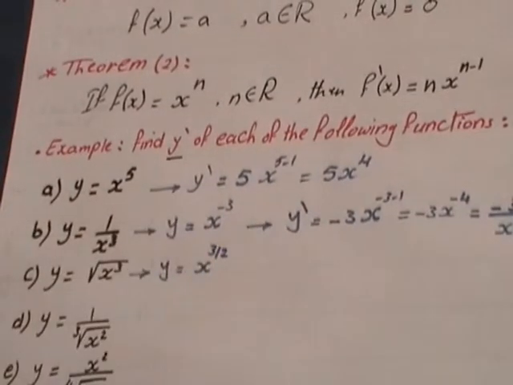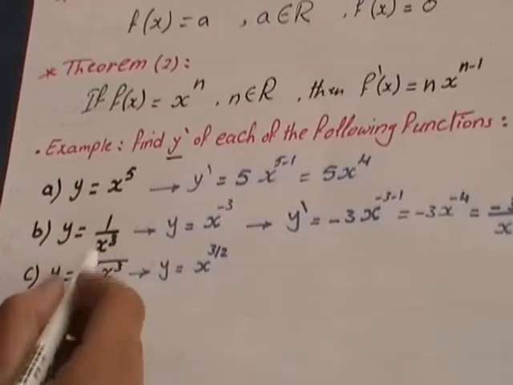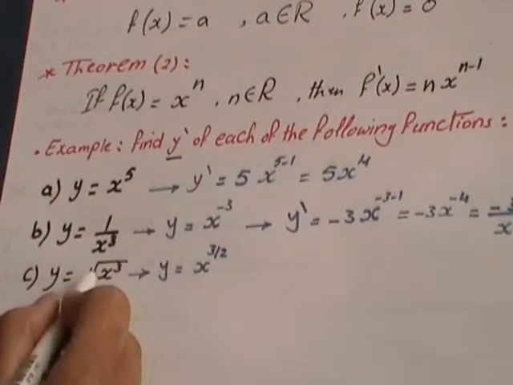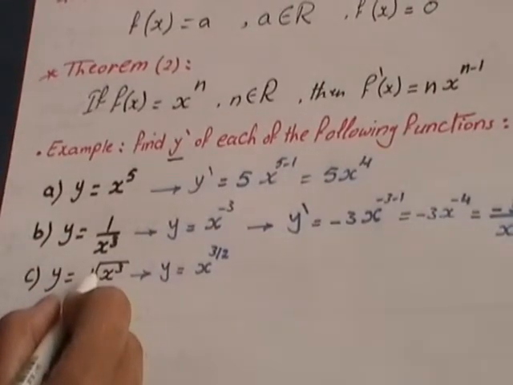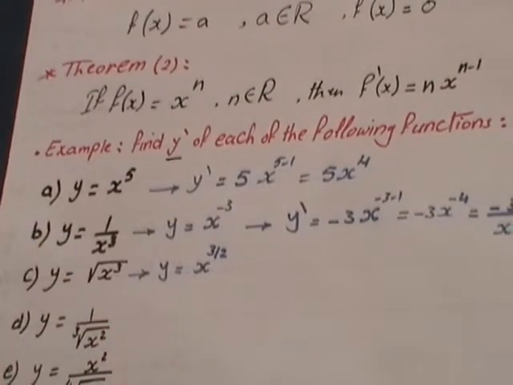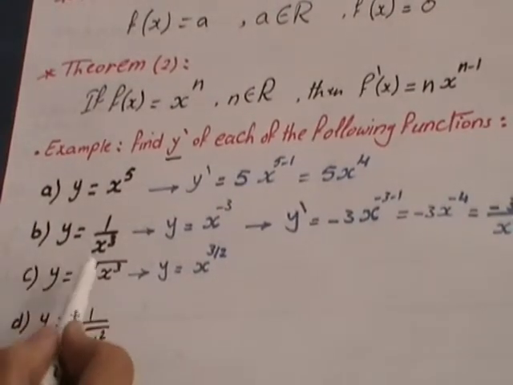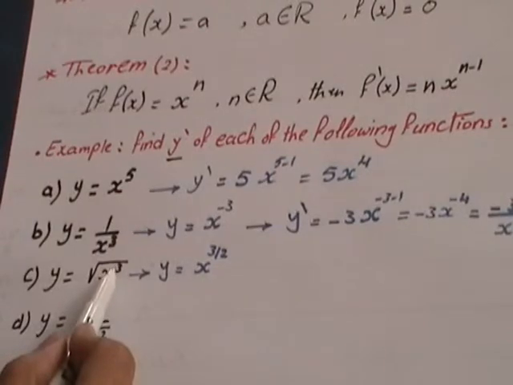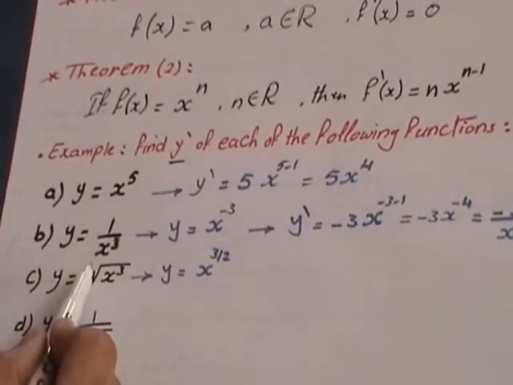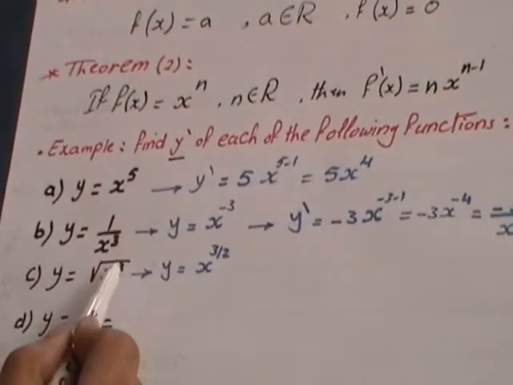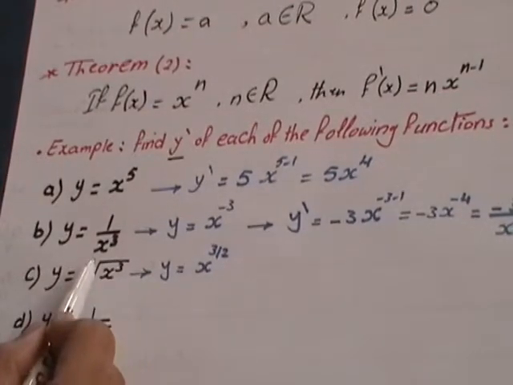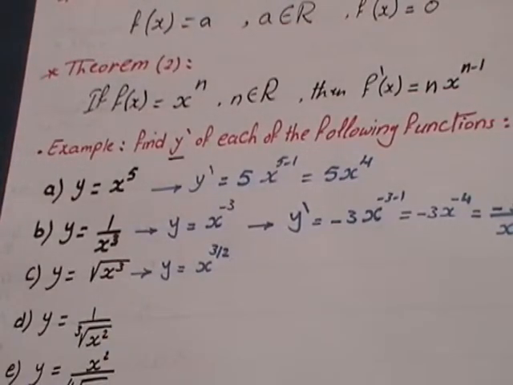How do we get this power? We know before how we express roots in fractional form. The inner power over the outer power: x to the power 3 over the power of the root, which is 2.